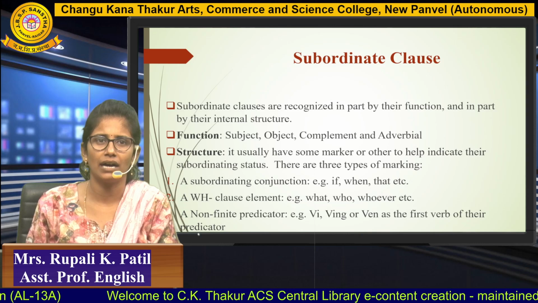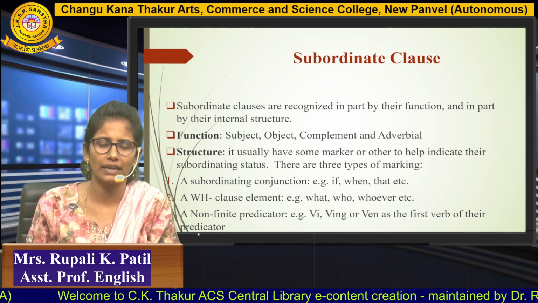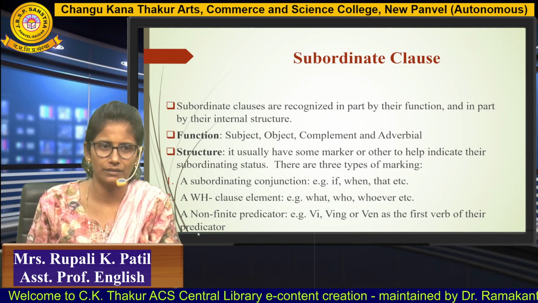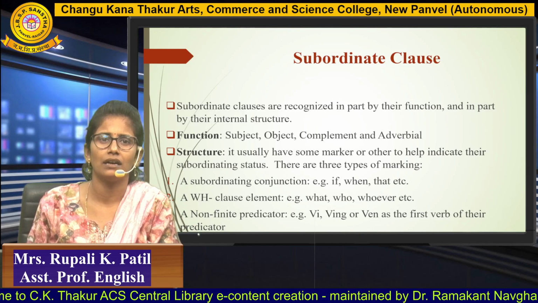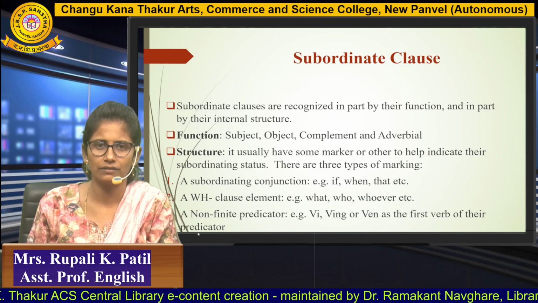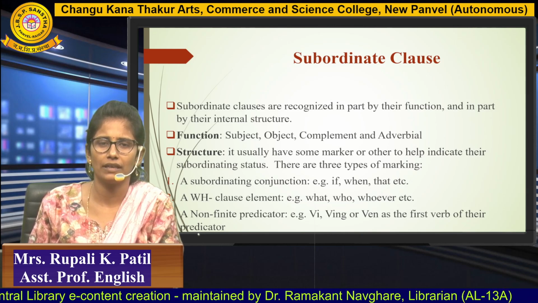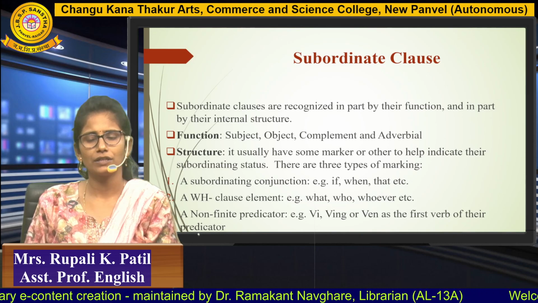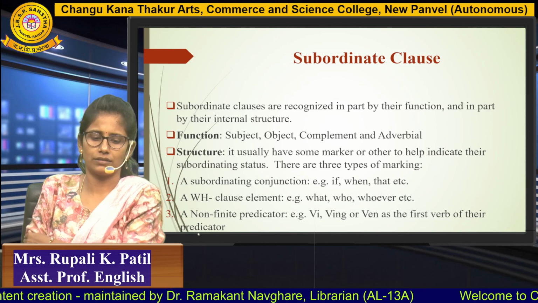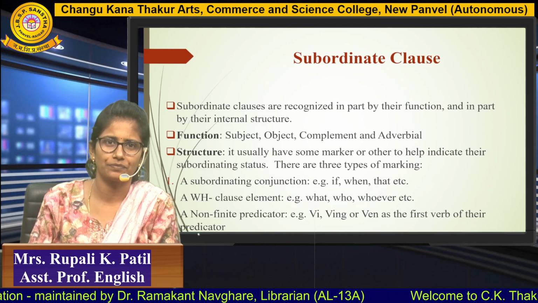And the third marking indicator is a non-finite predicator. The clause consists of a predicator which is non-finite, which doesn't convey the tense, that is V-I or V-ING or V-EN as the first verb of the clause, or the predicator we can say.